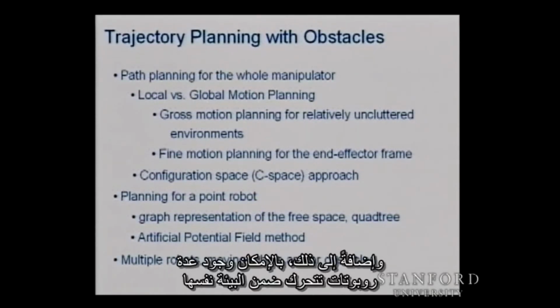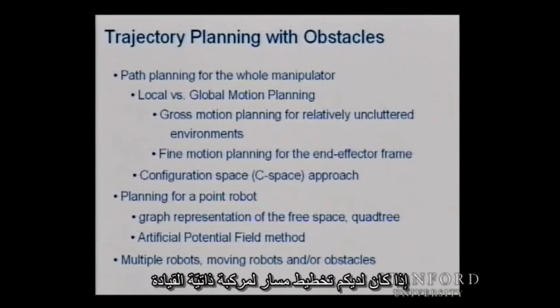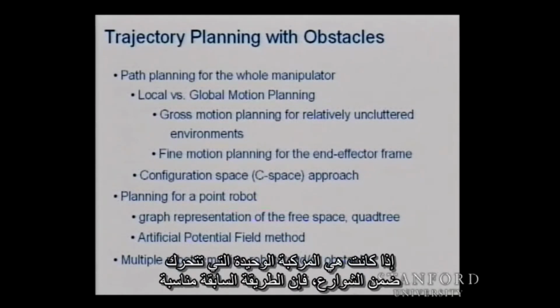To add on top of that, you can have multiple robots moving in the same environment. This is very similar to the video that we saw in the beginning. If you are planning a path for an autonomous vehicle and it's the only vehicle moving on the streets, then it will be the previous approach.